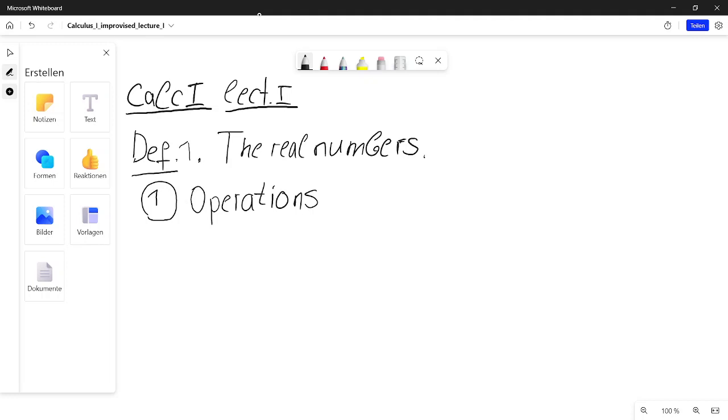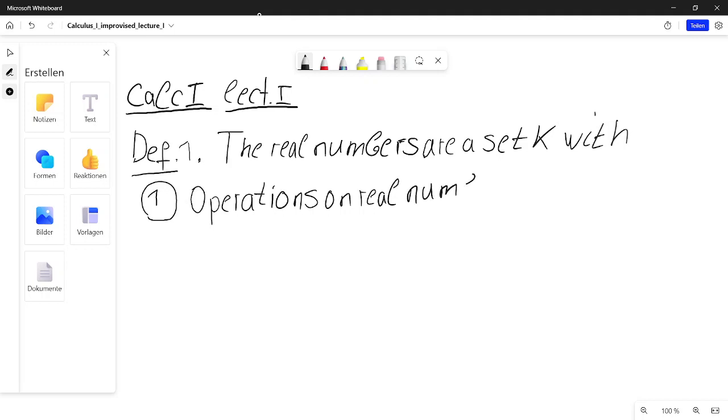Okay, real numbers, let's just do it like that, are a set with. And so the definition begins. As I said, first of all, it is a field. What does that involve? Well, operations on real numbers are the first part of the definition that describes the property of real numbers of being a field. Operations on real numbers.